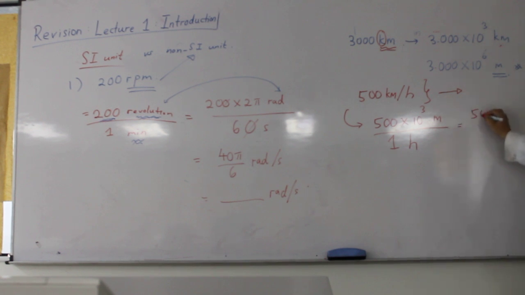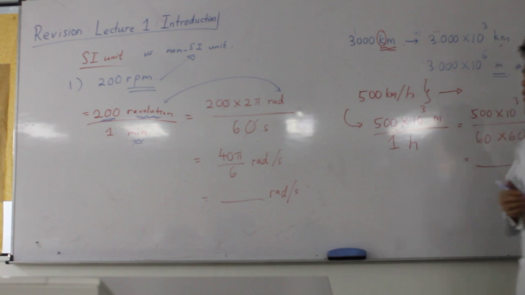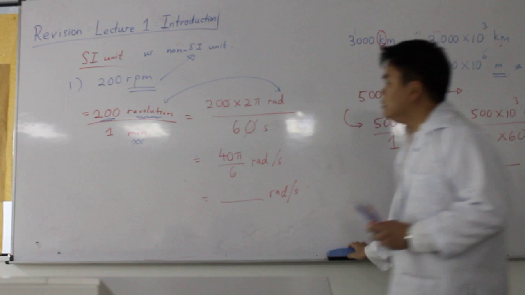So it's 500 times 10 to the power of 3 meter divided by 60 times 60, which is 3,600, and you get meter per second. So the unit conversion is very important as a fundamental in physics studies.